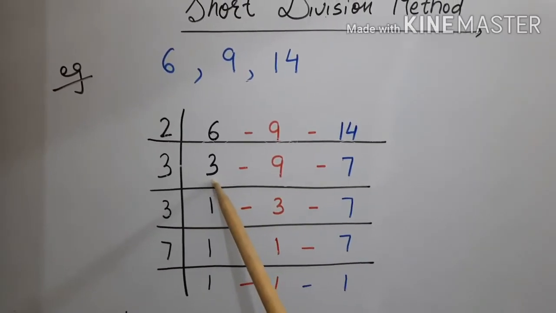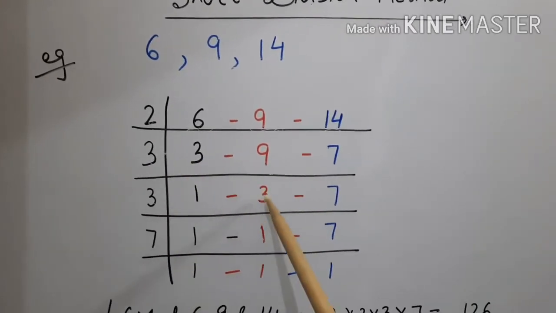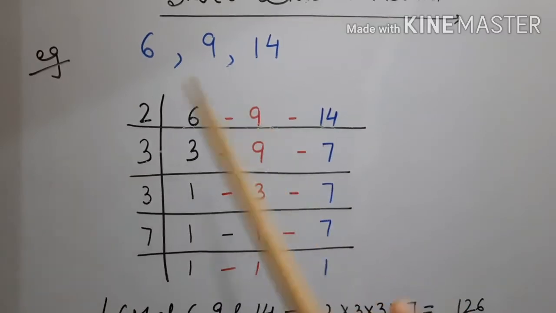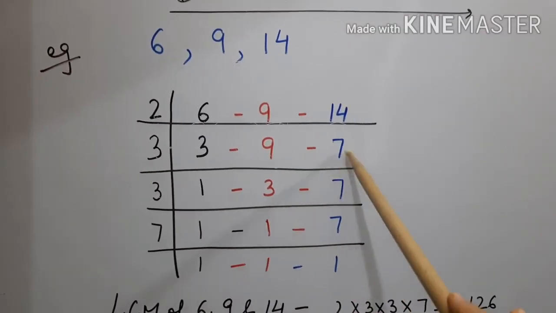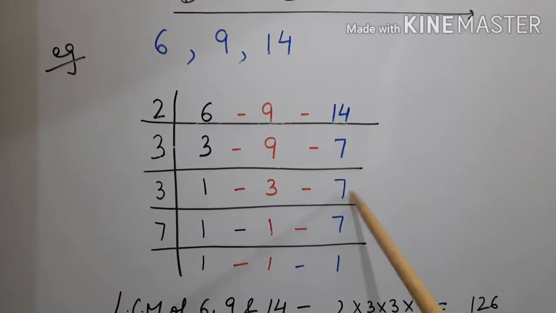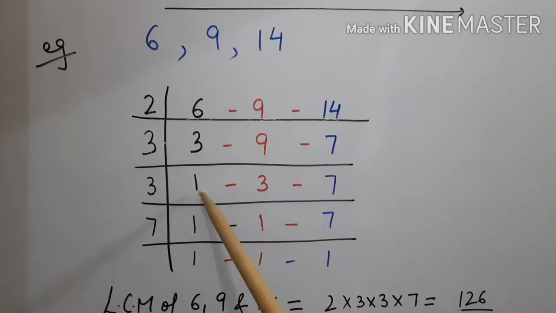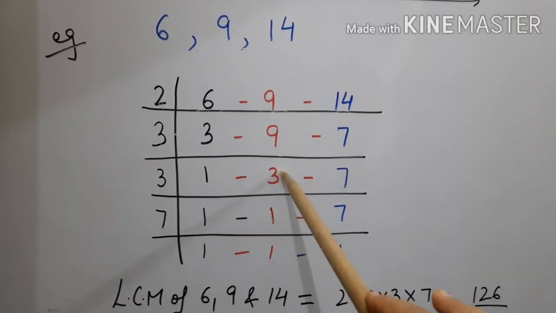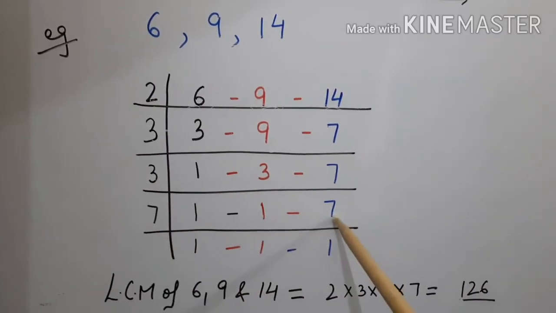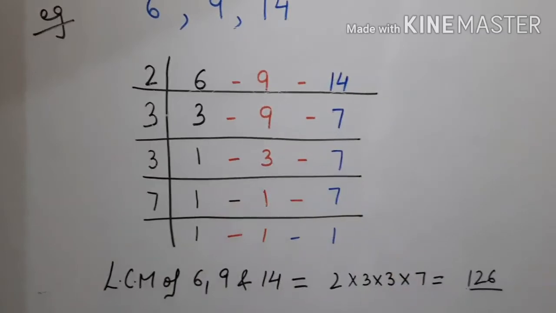Next number is 3. So I take it, 3 1s are 3. 3 3s are 9. Again 7 is not coming in the table of 3, so we note it down as it is. Again 3 1s are 3. As it is already 1, we don't need to consider it now. 7 1s are 7.